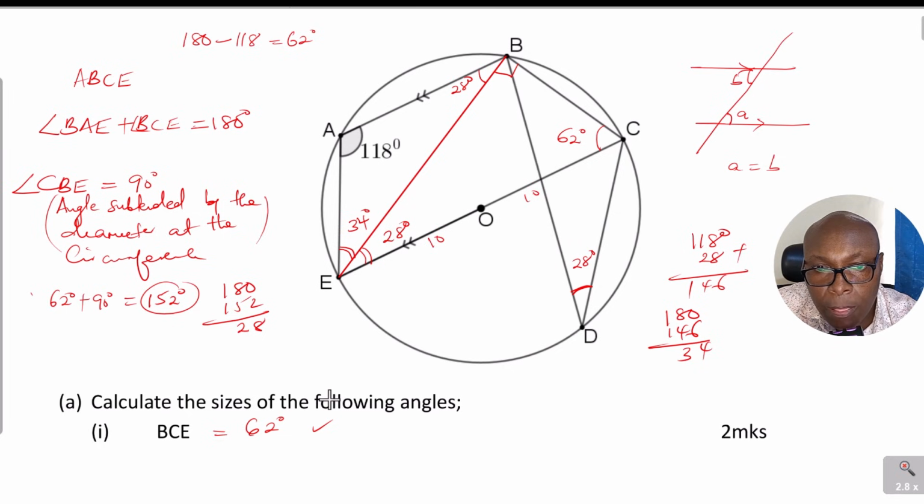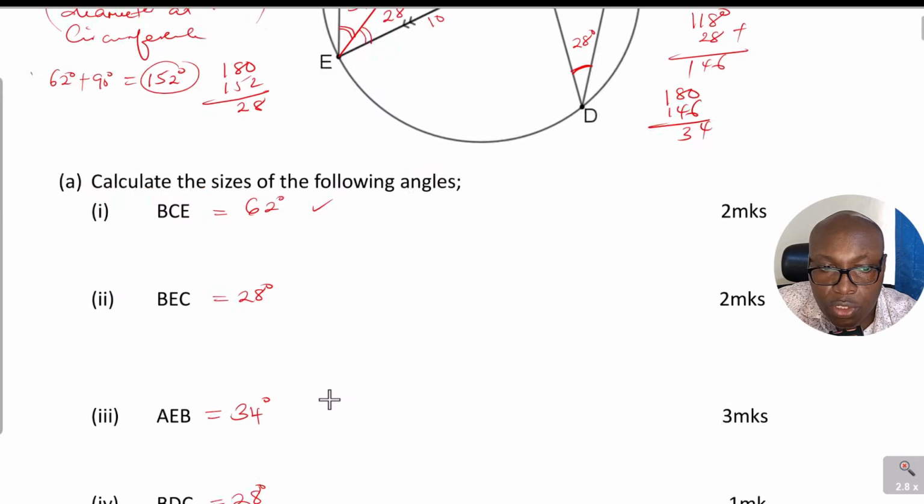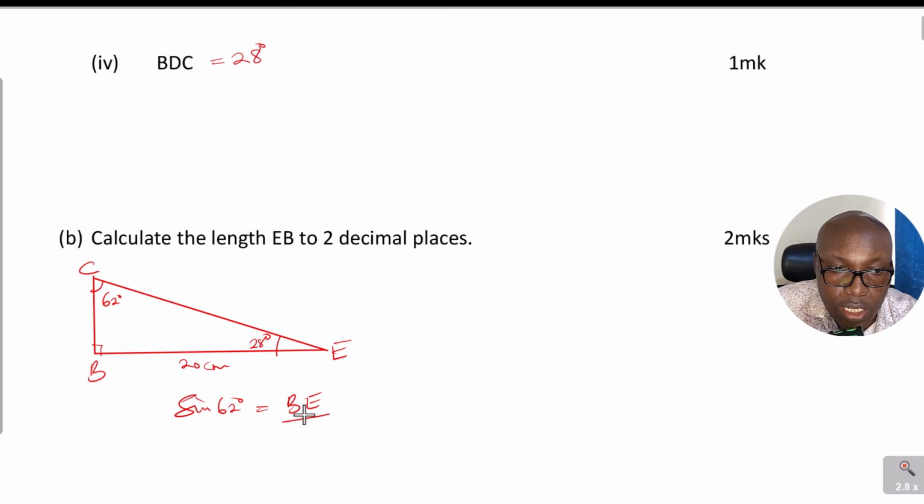So EB is the one that is required. The one that is given here is the diameter EC. EC should be 20. Let me correct that. Sorry for that. So 20 should not be there, 20 should be here.